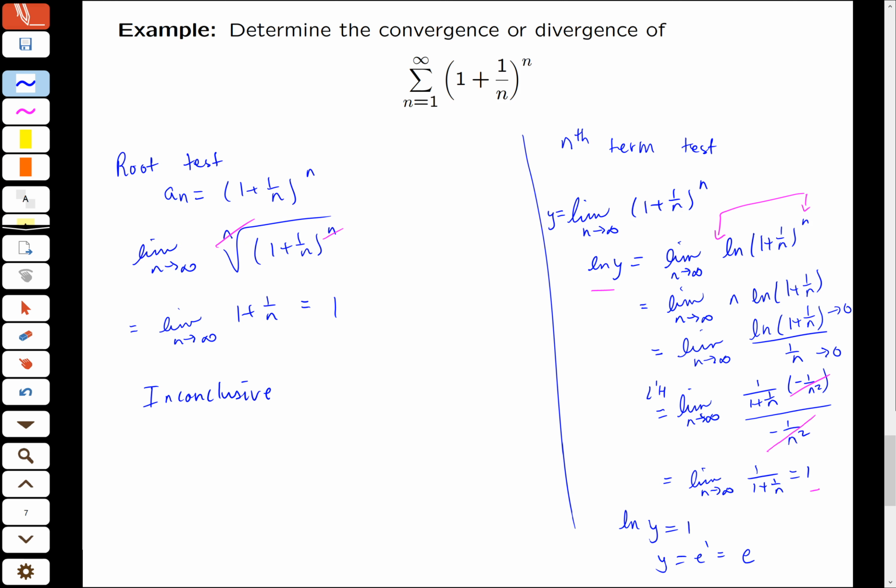Now this was the limit of the inside of our series. E is definitely not equal to 0. So what does that tell us about this series using the nth term test? Diverges by the nth term test.